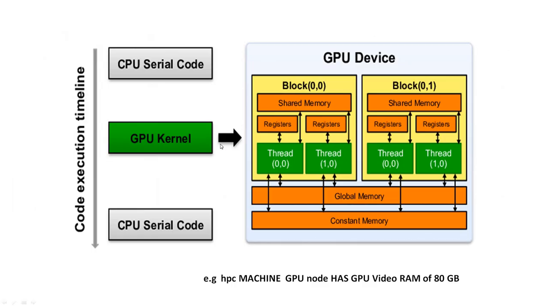Now let us consider the case where CPU serial code is running here, and the kernel is running in the GPU, and it may come back to the CPU serial code for results. You can see there are blocks, and multiple threads are opened here, and the threads can communicate with each other within a block using the shared memory.